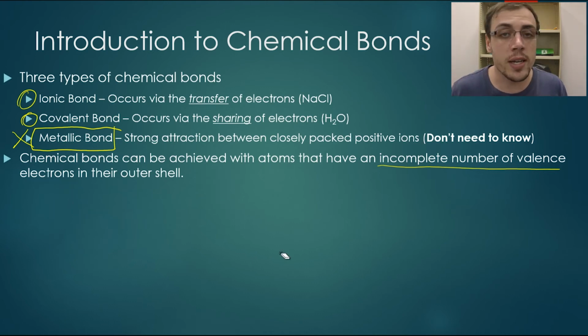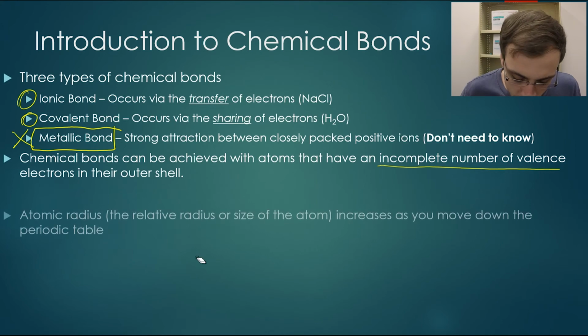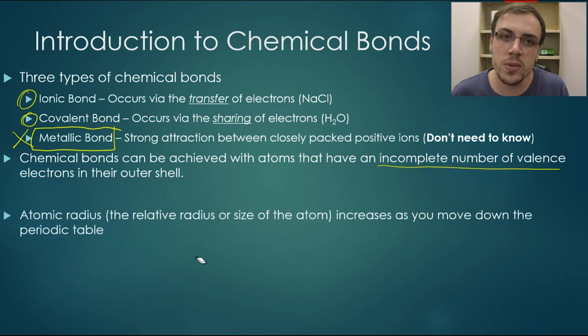So something I want you guys to keep in your minds is that all chemical bonding, whether it's ionic, whether it's covalent, even metallic, it all comes down to electrons. The stability of an element all boils down to electrons. So, as we now look at electrons, this is where we can see atomic radii.